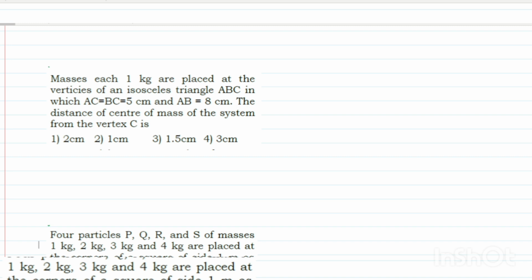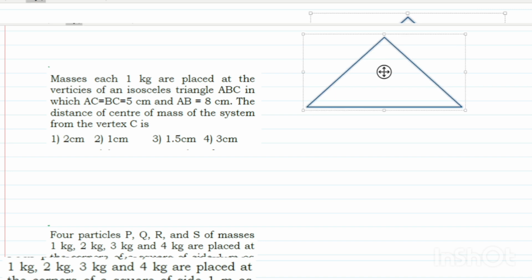They are asking for the distance of the center of mass of the system from the vertex C. Here this is an isosceles triangle, students. Let us take this as point A, this as point B, and this as point C. AC is 5 cm and BC is also 5 cm. AB is given as 8 cm.